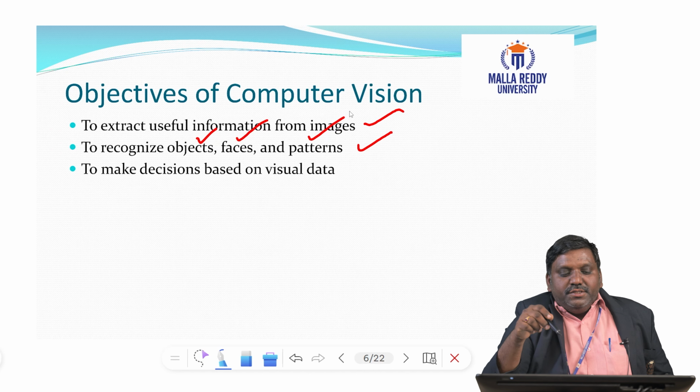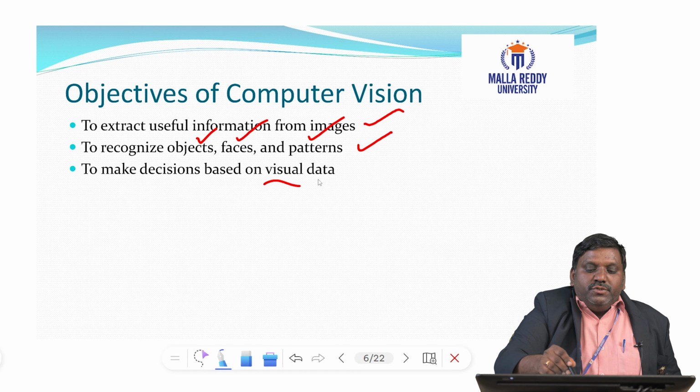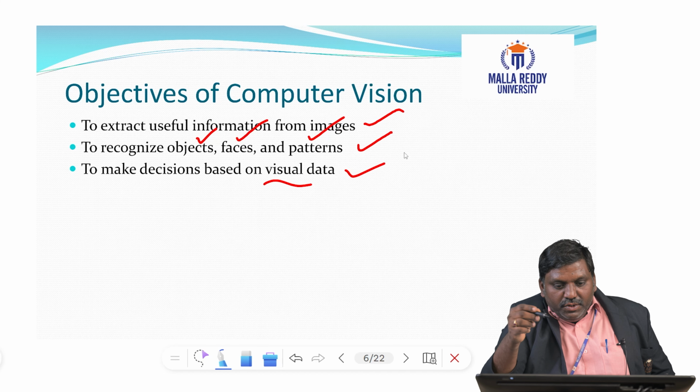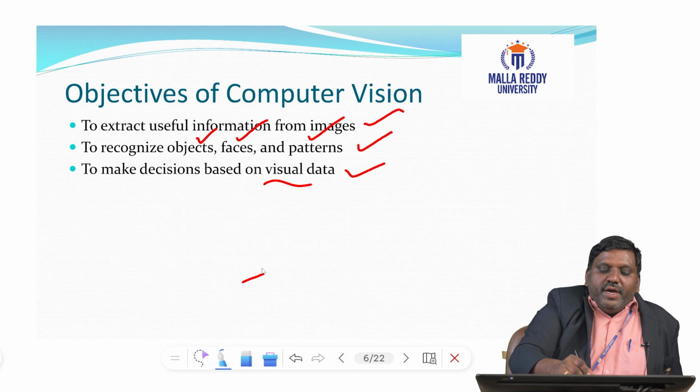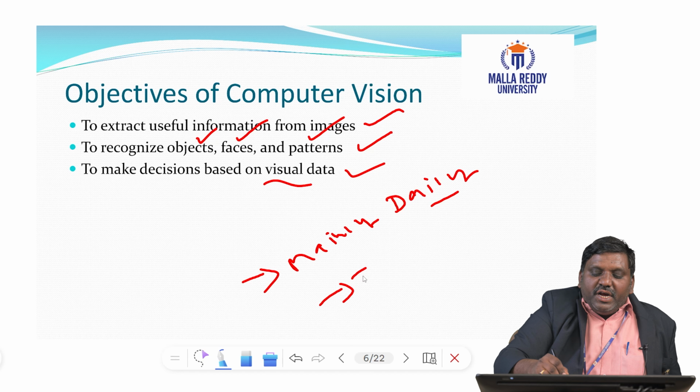Then the third one is to make decisions based upon visual data. With the visual data, we are supposed to conclude a decision. Okay, the theme is mainly applied in our daily life, for example, in traffic lights, traffic signals.